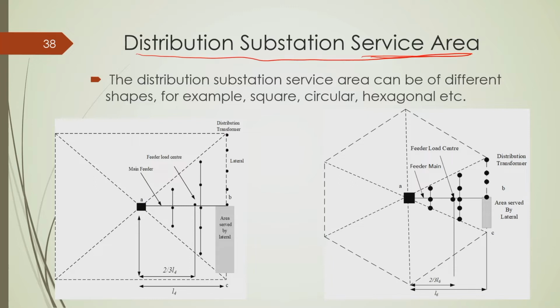Okay. So, if you followed my last lecture, I discussed how to determine the expressions for voltage drop and power loss for two typical types of feeders. One was a feeder with a uniformly distributed load with a rectangular service area.